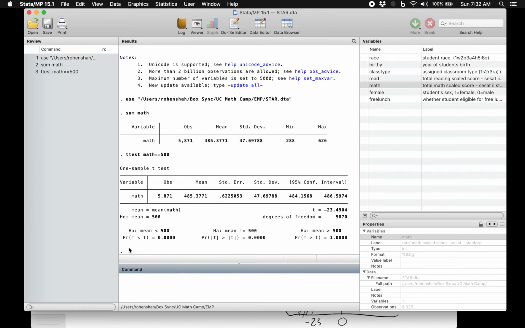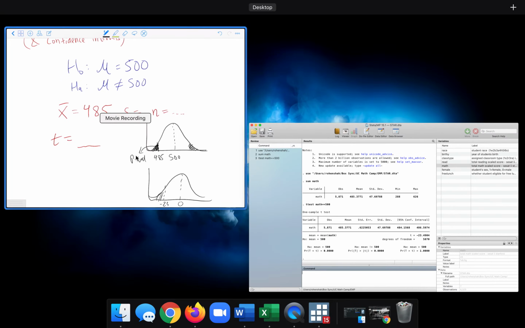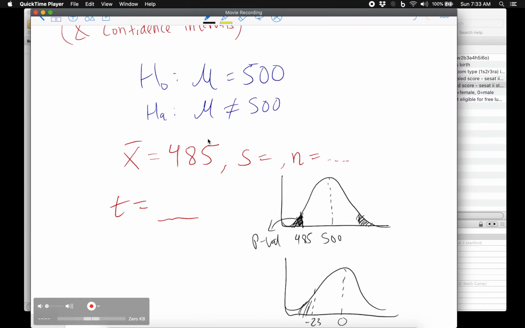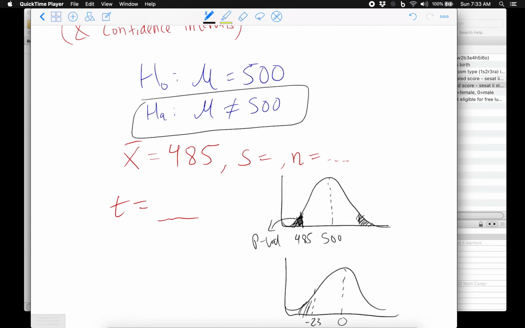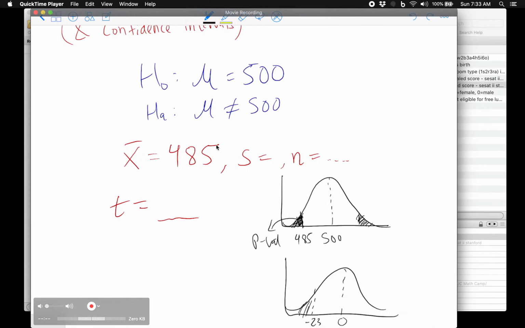Notice here that there are three different p-values. The difference in which of these three p-values you use is simply based on the alternative hypothesis. If the alternative hypothesis, which it usually is, is just not equals, you just use the middle one.